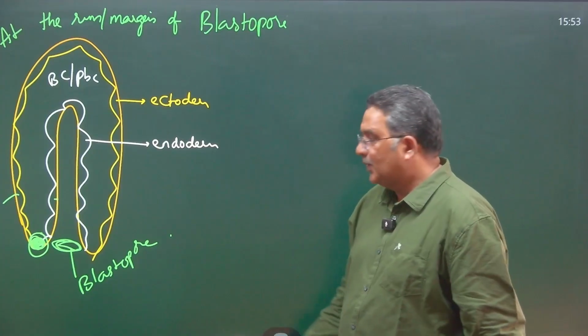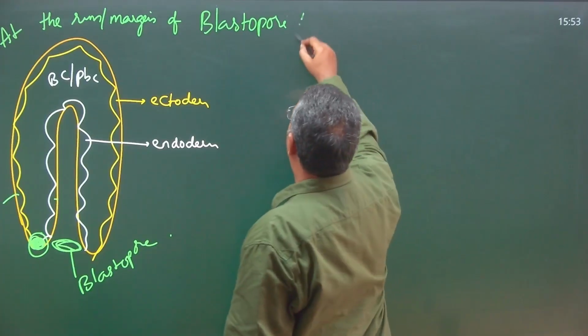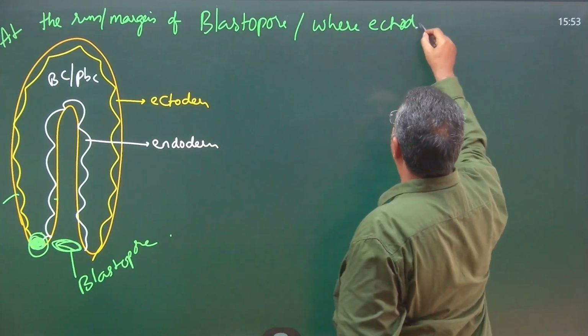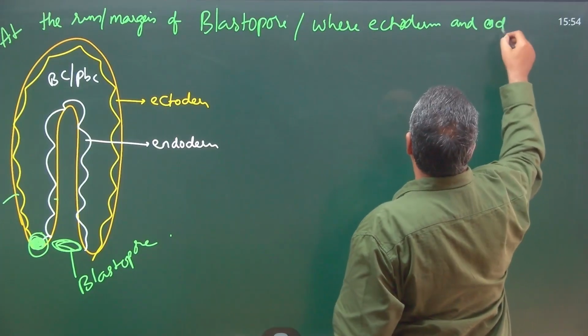This is the blastopore, rim or margin of blastopore, or you can call another address where ectoderm, that yellow one, and endoderm, that white one.